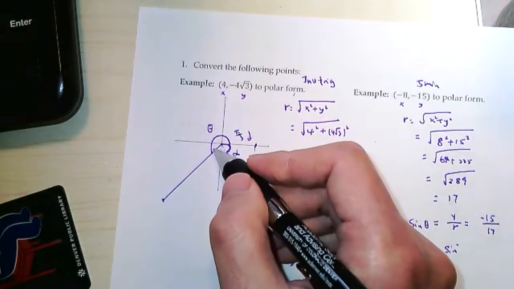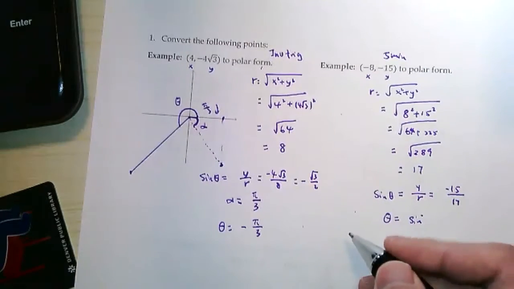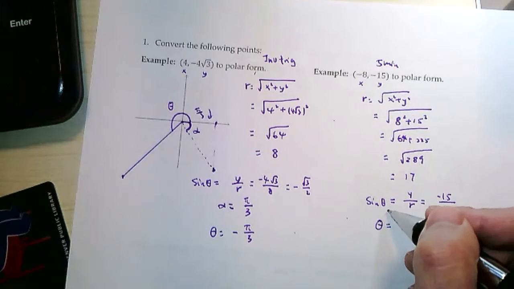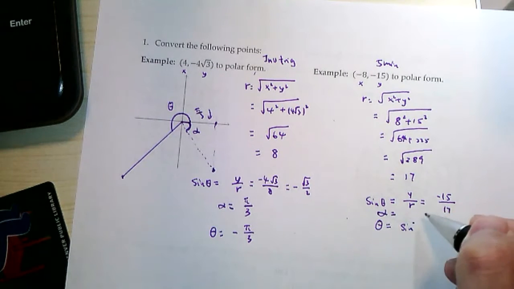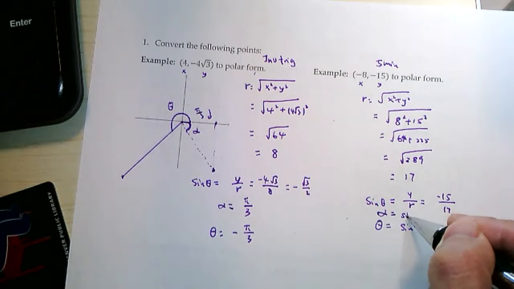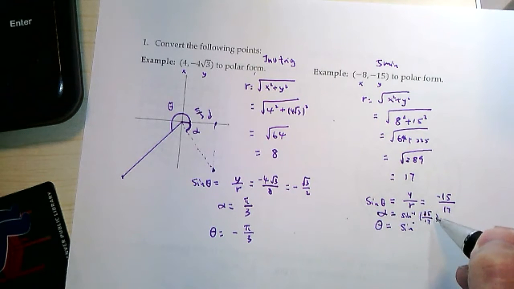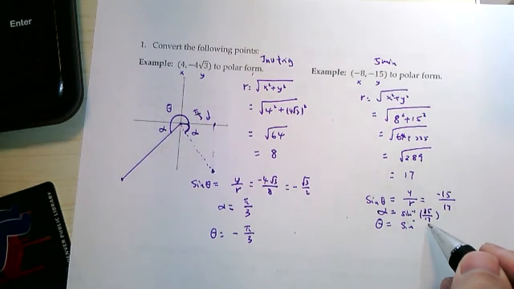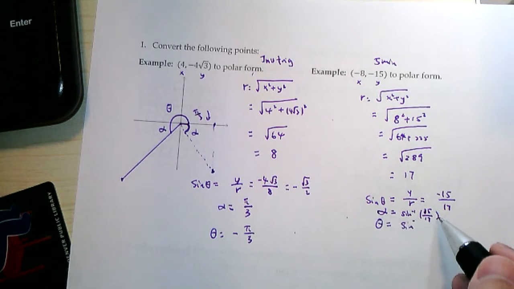So let's first find our reference angle. Reference angle alpha is inverse sine of 15 over 17. Okay, this is just our reference angle, which is this guy, right? The y coordinate divided by r. This is our reference angle.